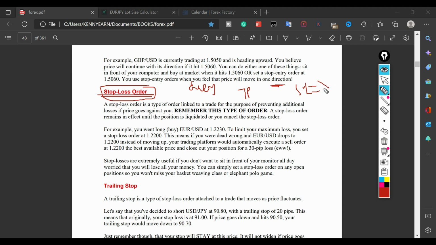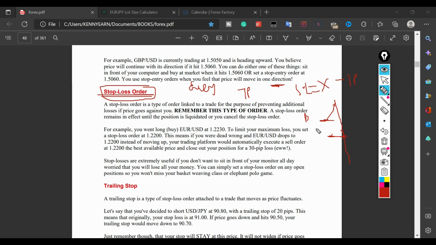That means if I buy here, I'll put my stop loss down and my take profit up. So if the market is buying, I'll be in profit. If the market starts selling to this point, it should take me out, because if it keeps on going down, I'm going to be losing more money than I plan to lose.